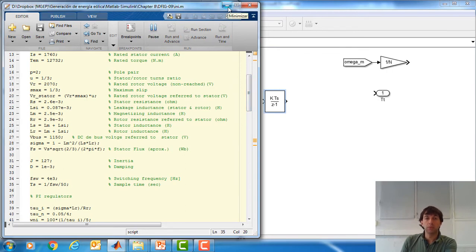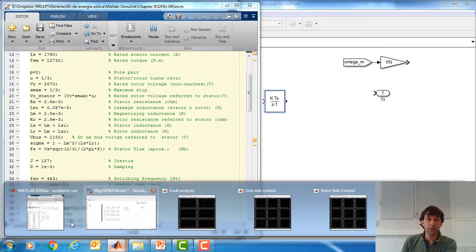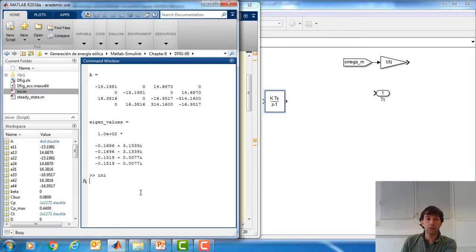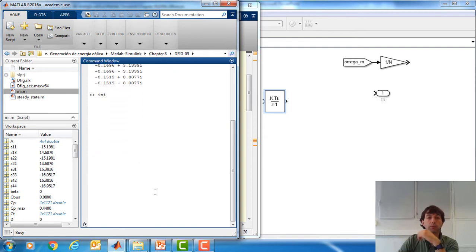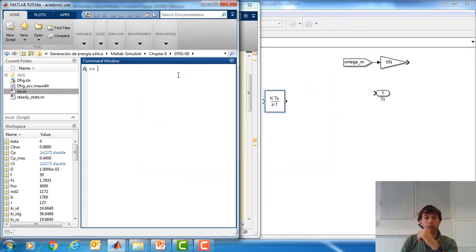In our case it's a value of 5 microseconds.